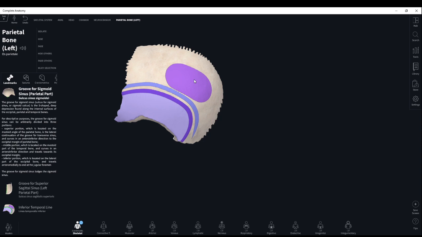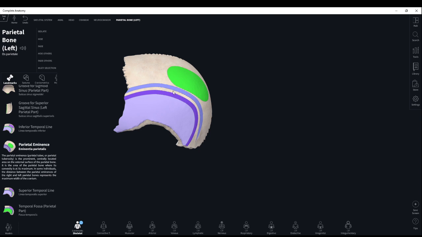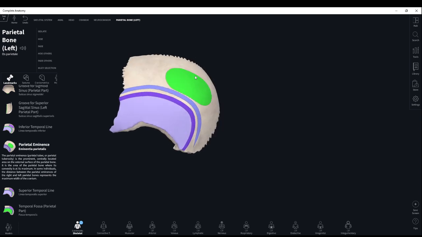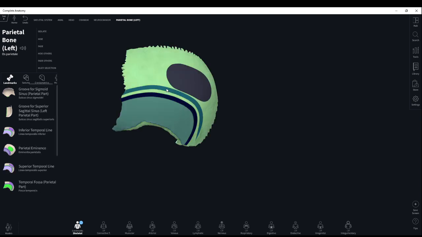On the external surface, you can see the parietal tubercle, or parietal eminence, or tuberosity, which can be different in different people. Each person has a unique type of this structure; somebody has an eminence and somebody has a tubercle.